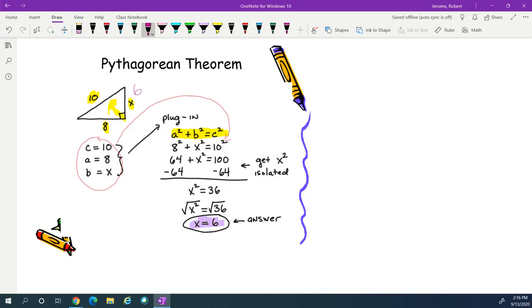We can put in x because that's the variable in the problem. Ultimately, we get that same result. Okay, so our sides here are 6, 8, and our hypotenuse is 10. So Pythagorean theorem, now we should be able to work with fractions, decimals, integers, radicals. It doesn't matter.